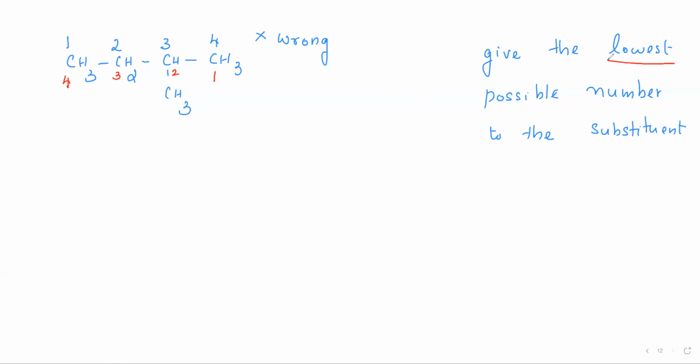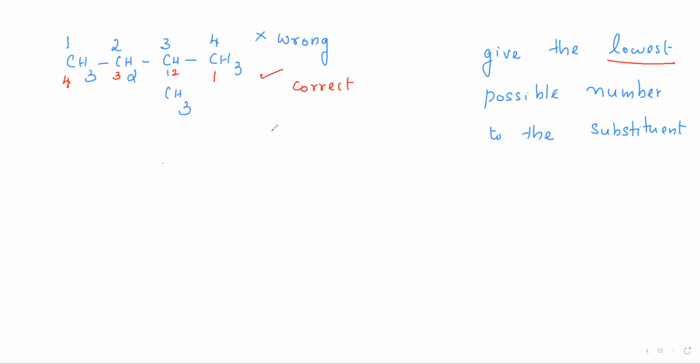So lowest possible number for the methyl is 2. Therefore, this is the correct way of numbering. Move from right to left in this case. So always you should see which way of numbering is correct so that the smallest, lowest number is given to the substituent.